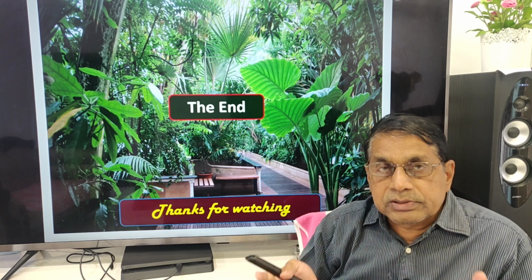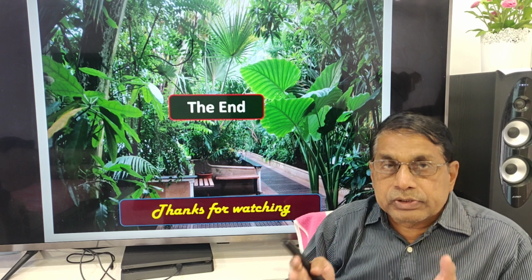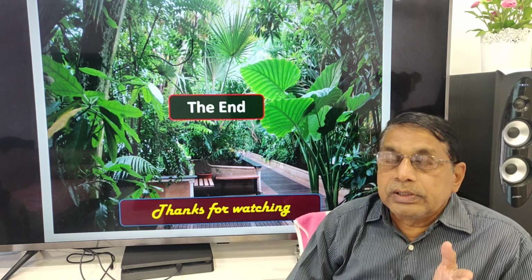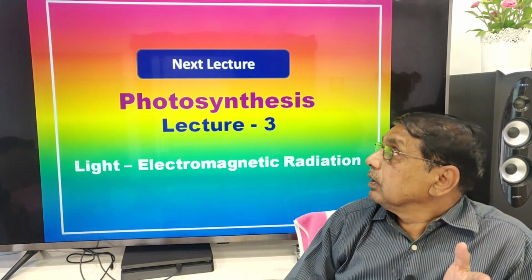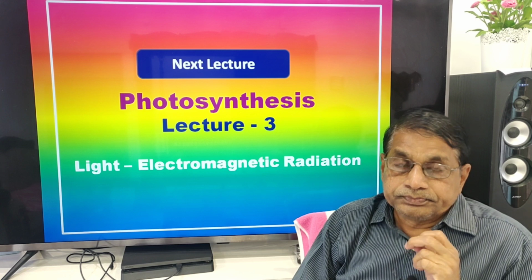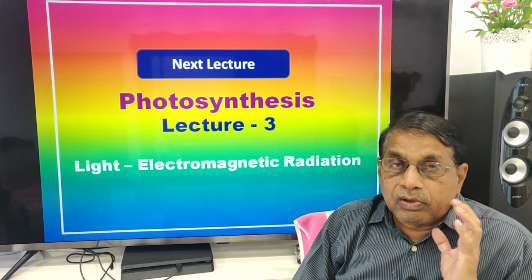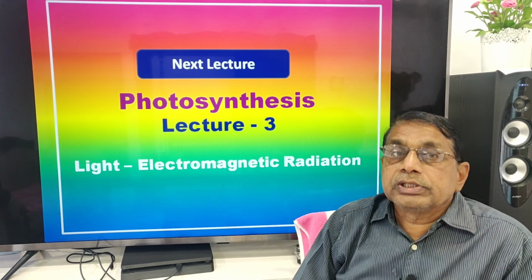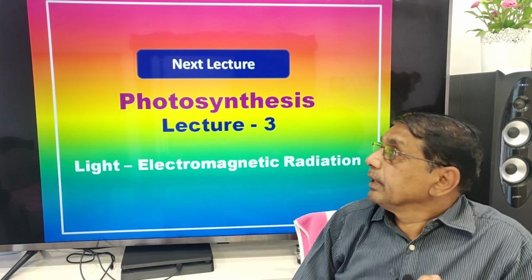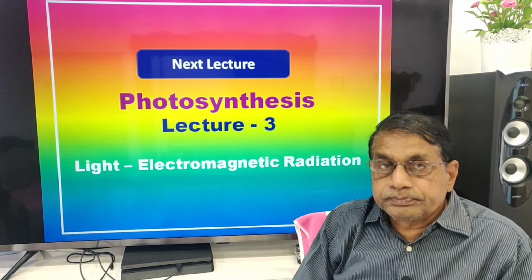Then the differences between PS1 and PS2, their locations. So in the next lecture we will see the light. What type of light is required for photosynthesis in higher plants? These aspects we will discuss in the next lecture.